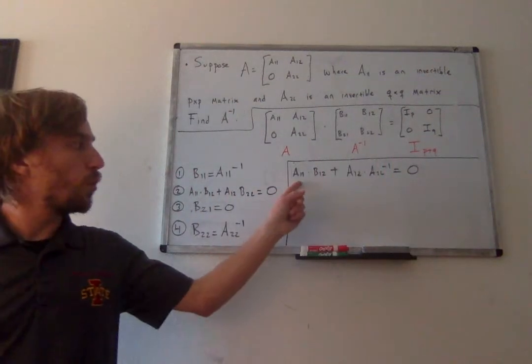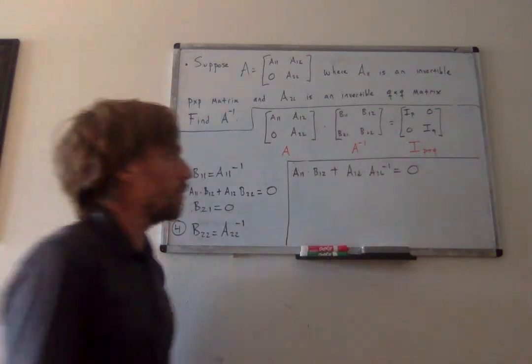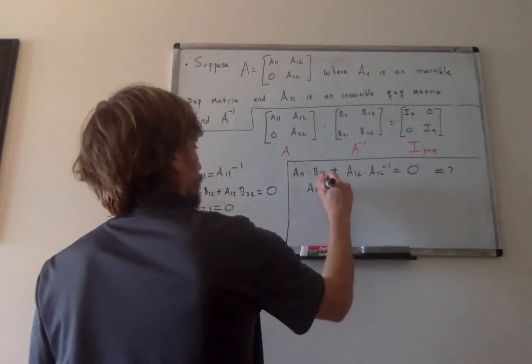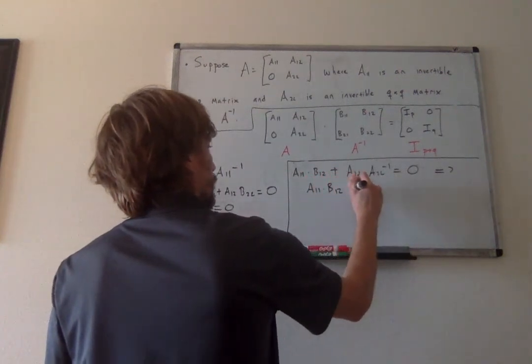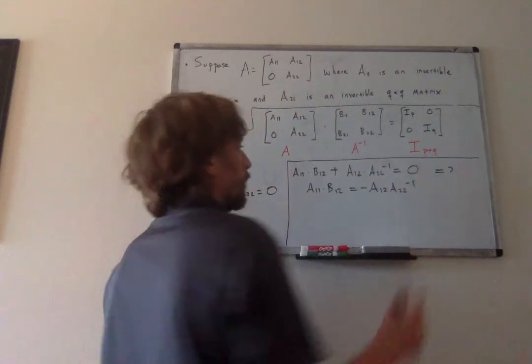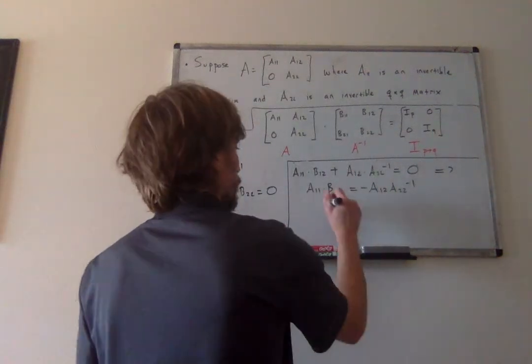And now, since A11 is invertible, I can actually just solve for B12 in this equation. So first I subtract that term, then I'm going to multiply by A11 inverse.